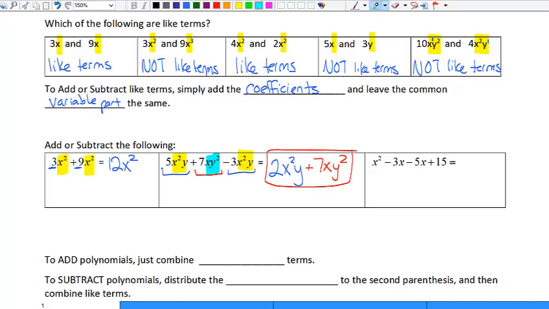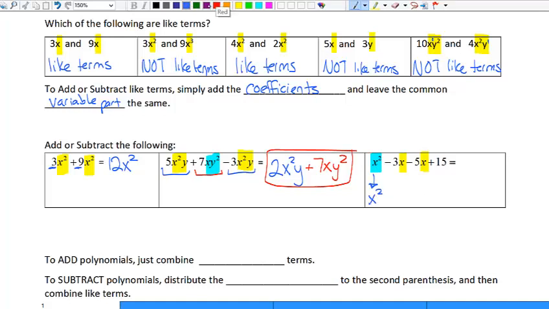On our last problem, we have x squared on our first term and no other x squareds. So that's the only like term for that particular term. On the second one we have x, but I have another one that's also x. And then the last one doesn't have a variable at all, so that means it's a constant. So on this one, the x squared just comes down.